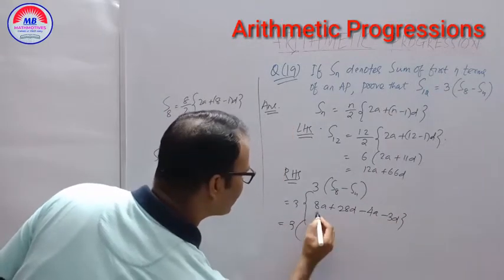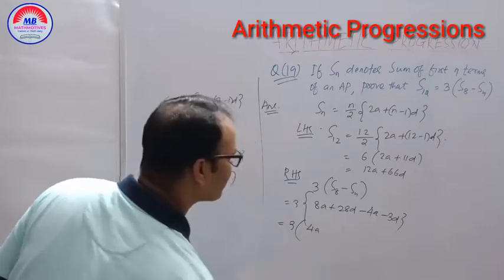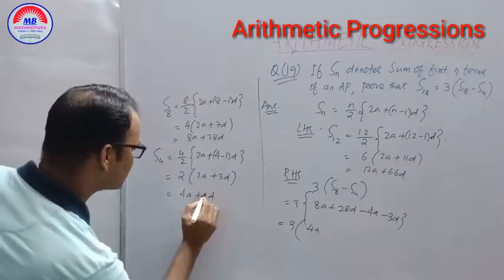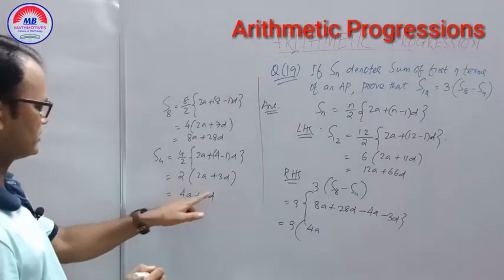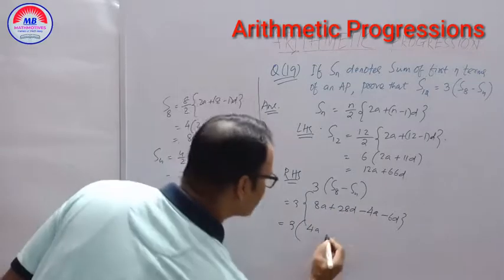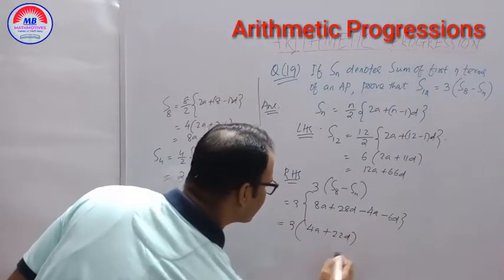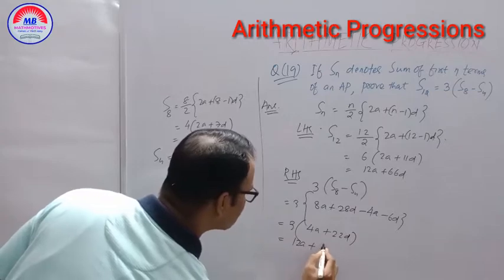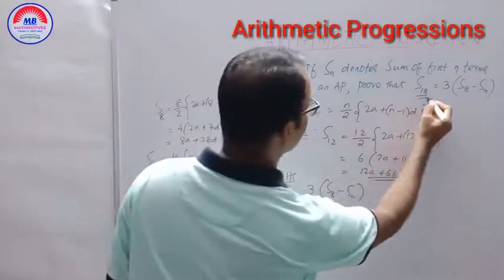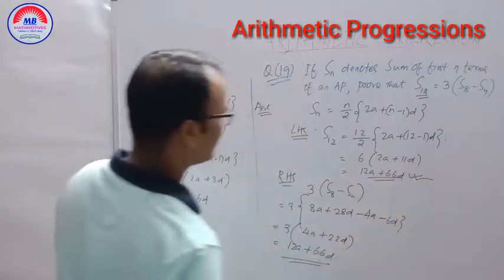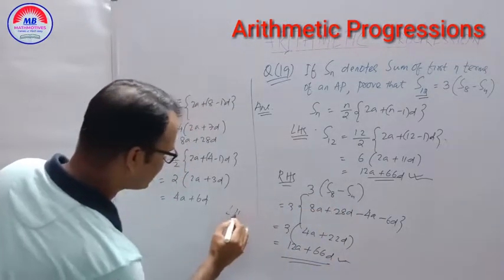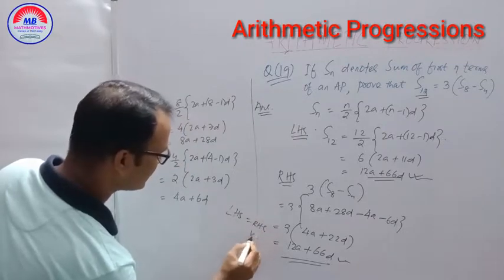That is equal to 4a plus 22d, and multiplying by 3, we get 12a plus 66d. You see, LHS is given S12, this one, and RHS is given 3 into S8 minus S4, this one. So LHS equal to RHS, hence verified.